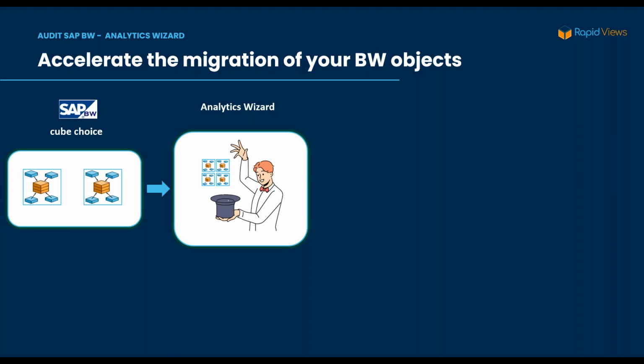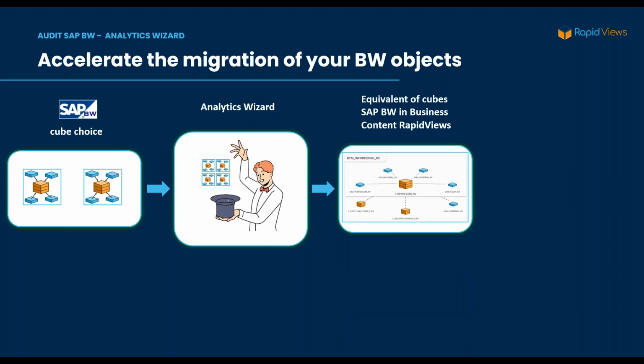Let's imagine putting this BW cube within a wizard. We call it today our analytics wizard. What if this wizard could tell you which business content is the closest to this BW cube?